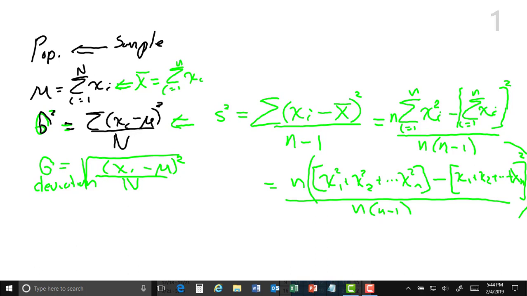Okay, now, this is not too hard to work out. I mean, this is a little different because you have to take each, this is saying this, right? If I add up, it means I got to take x1 minus x bar squared plus x2 minus x bar squared plus dot, dot, dot plus, right, the last term, the nth term, subtract that and then square that.